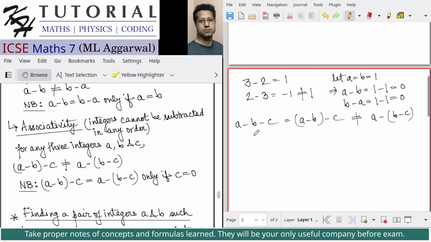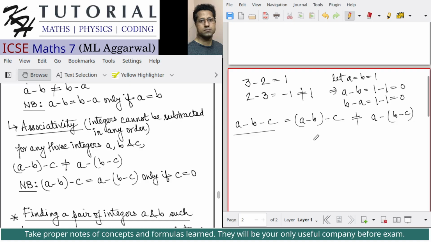When I have to compute a minus b minus c, the result will be the same if I compute first a minus b and then whatever the result is, I subtract c from it. That is fine, but the value will not be the same if I first compute b minus c and then subtract that result from a. It will be different.